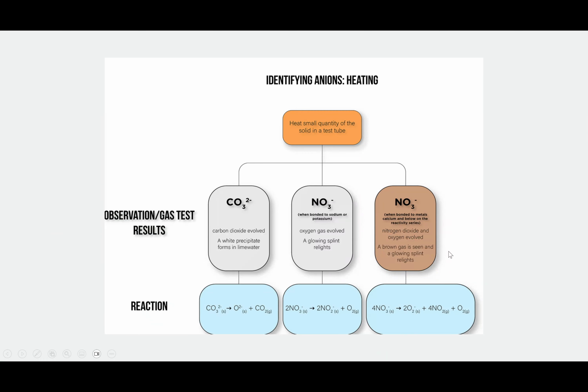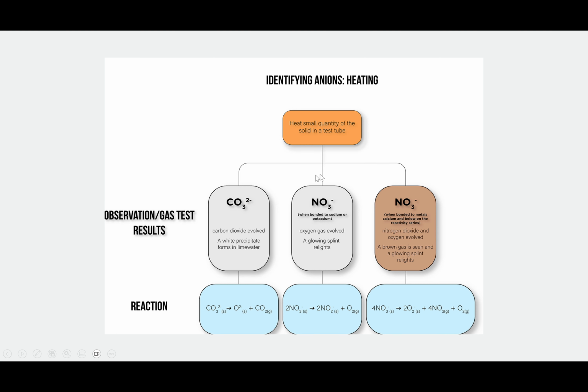So if we have the test for the anions now, let me check the chat real quick. All right, so for the anions, upon heating, let's look at the carbonates and the nitrogen gases. With a small quantity of the solid in a test tube, if we have a carbonate and we heat it, we're going to get carbon dioxide.